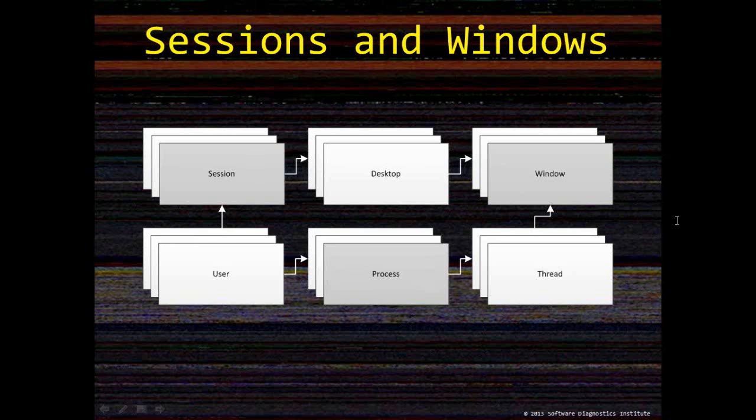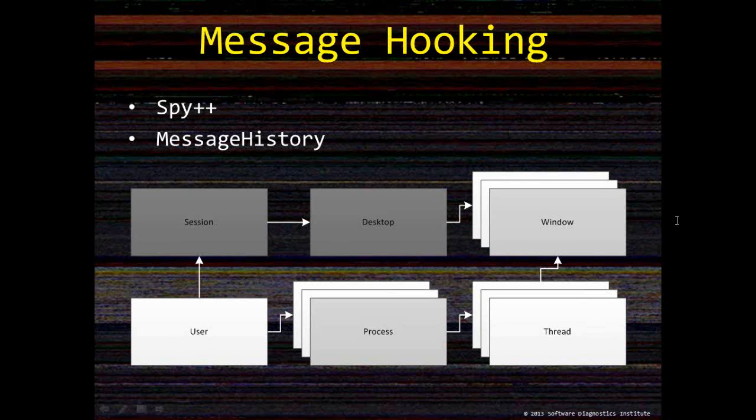But if we try to use traditional tools such as Spy++ or message history, then we can only trace messages in one desktop session. All other windows are inaccessible. Windows that belong to other users, to processes and threads that belong to other users.